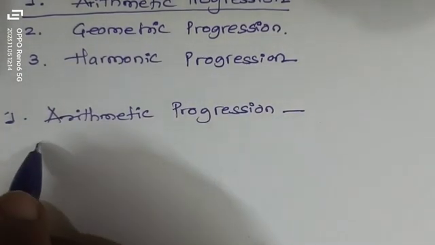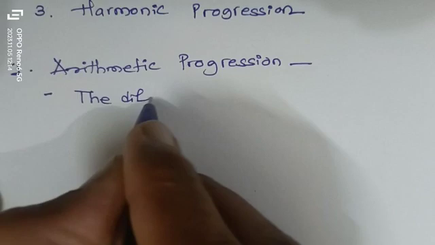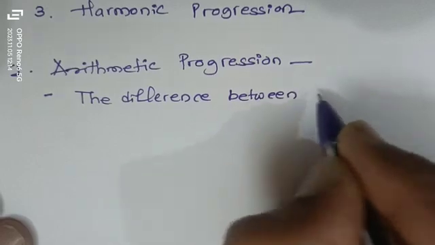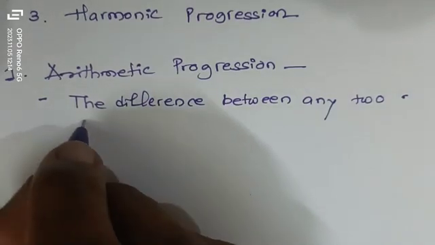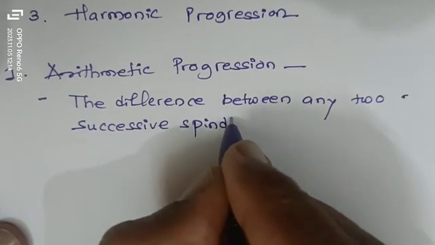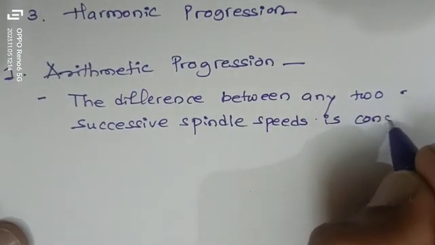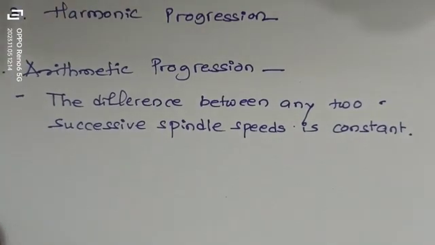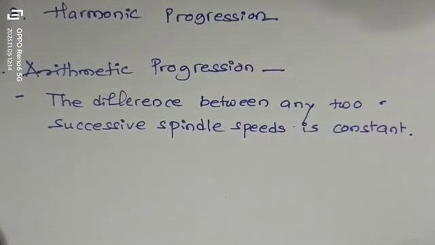Here in this arithmetic progression, the difference between any two successive spindle speeds is constant. The arithmetic progression says the difference between any two successive spindle speeds is constant.